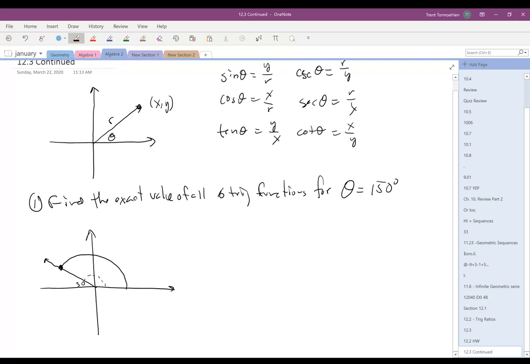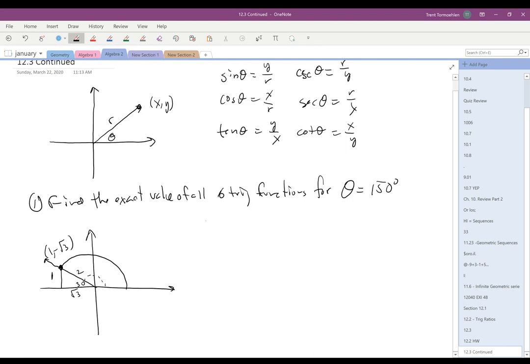The easiest way to do that is to let the short side be 1, which means the long leg is square root of 3, and the hypotenuse is 2. When we do the coordinate, remember that we need to think about the signs. The y value is 1, positive in the second quadrant, and the x value is negative. So negative root 3 comma 1 is our x and our y, and then our radius is 2.